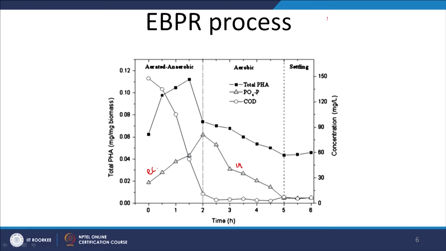Now the cool thing that you need to notice here is how things would change with time in the typical ABPI process. The short chain fatty acid would do a quick decline. So this is your short chain fatty acids.